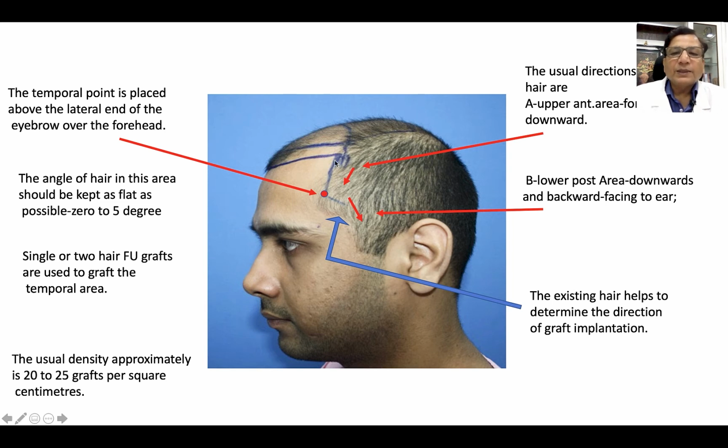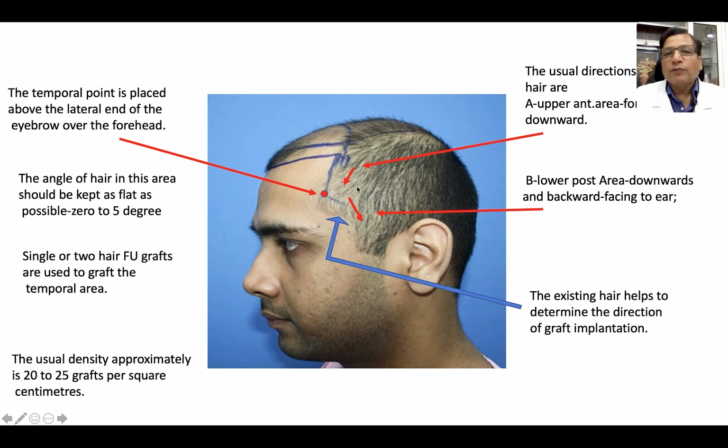And many times I see only the anterior border is thickened, the posterior border is not. But here it is the reverse. It is better you put more grafts posteriorly. If you don't have enough, then don't do the anterior border. Keep the anterior border much more posterior. Because if you implant only in this area, leaving aside this area, with the process of AGA, this area will lose the grafts and you will have an island of transplanted hair which will look very ugly.